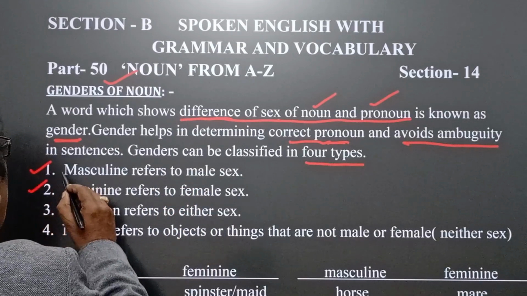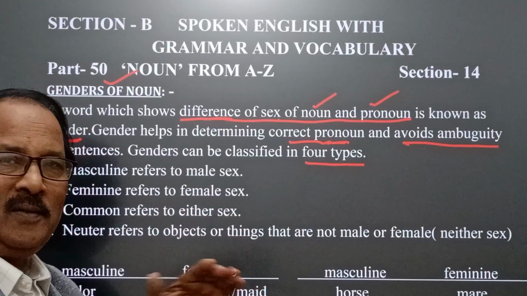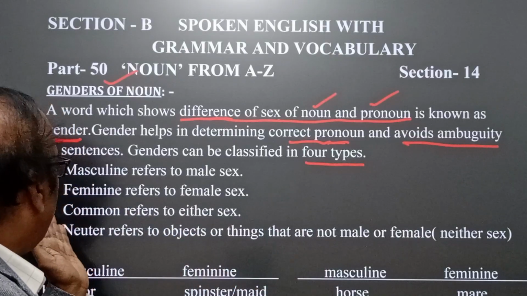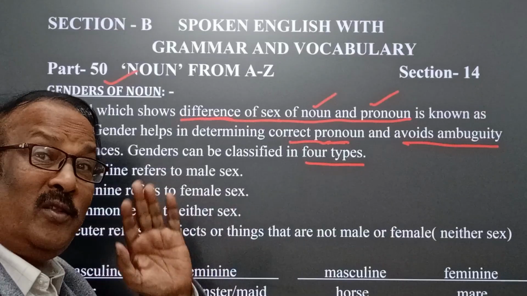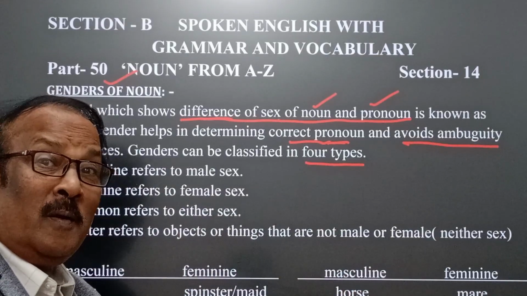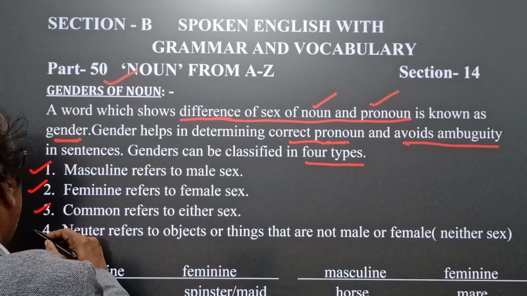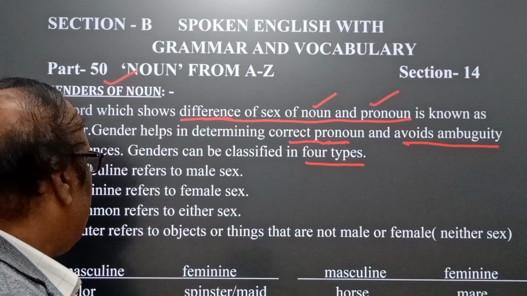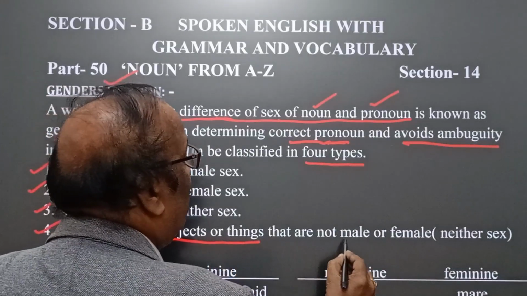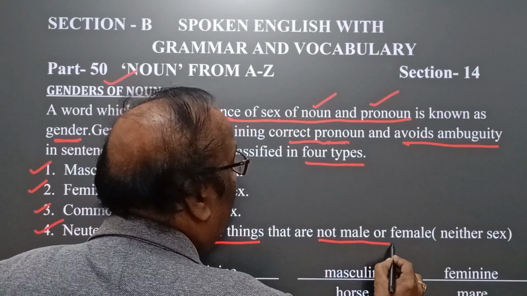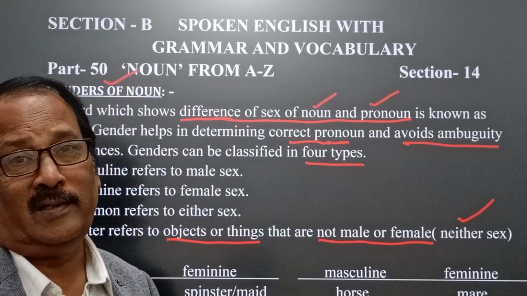Number two, feminine gender refers to female sex. Number three, common gender refers to either sex, it means both feminine and masculine. Next, neuter gender refers to objects or things that are not male or female, in other words, neither sex.